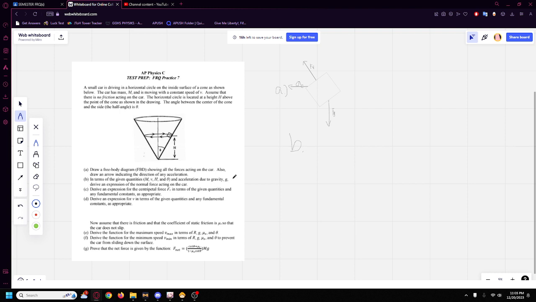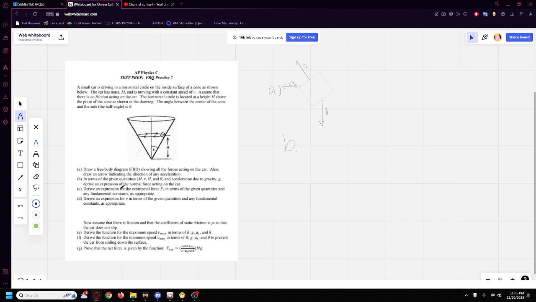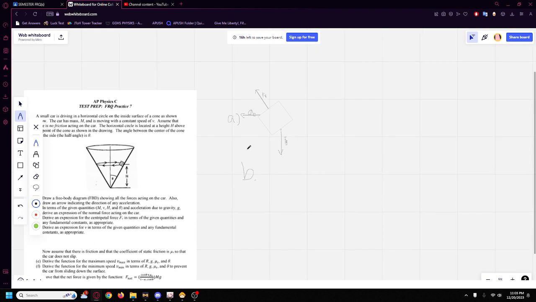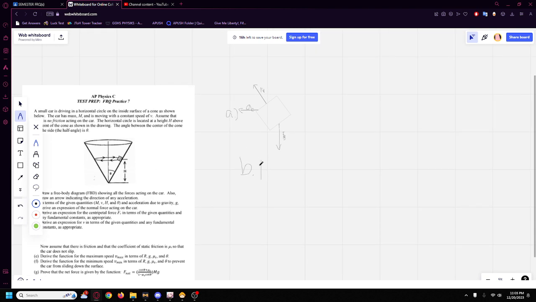So part B, m v, a function of theta. We're looking for an expression where F_N x is the same thing as the centripetal force.